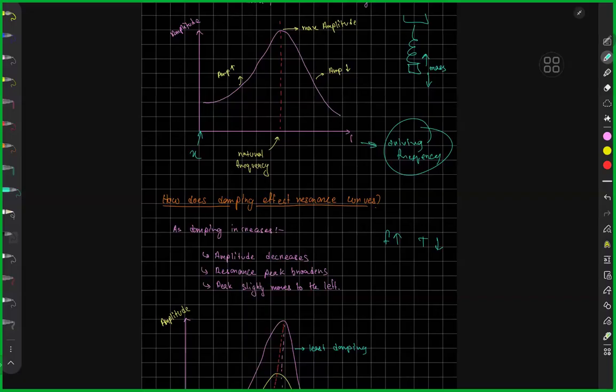So it's starting to vibrate really fast, with a higher frequency. It wants to cover less distance, or less amplitude, so that it can do it in less time, or increased frequency.